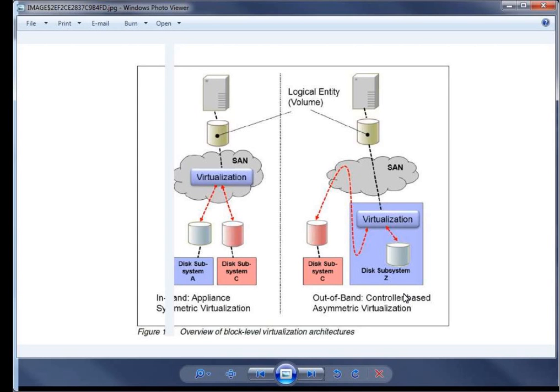Also, as you can see here, these two devices will still operate as two independent devices in the case of an out-of-band virtualization.